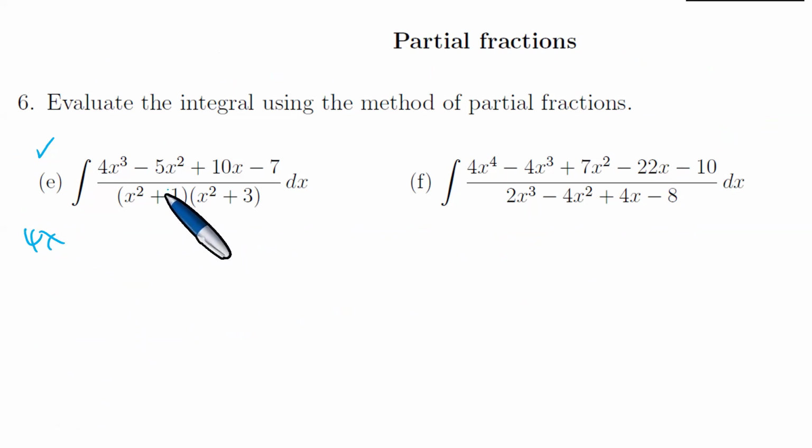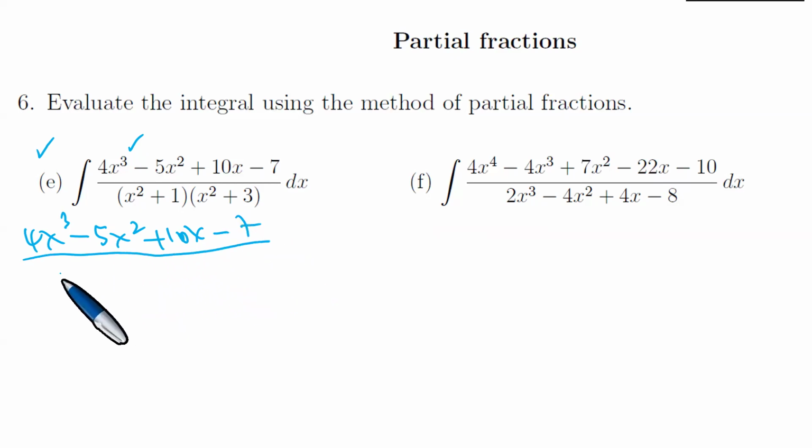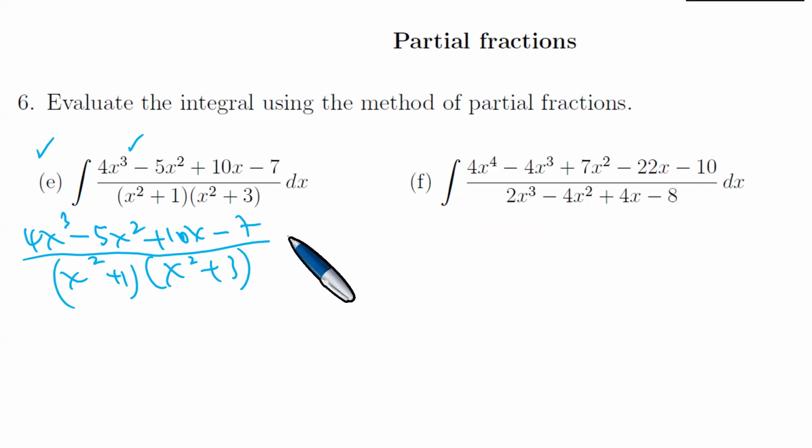But now look at the degrees. This one is degree 3. The denominator is degree 4. Meaning that, obviously, you need to just straight away proceed with the partial fraction decomposition technique. So you have this one. You divide everything. And then you have x squared plus 3.